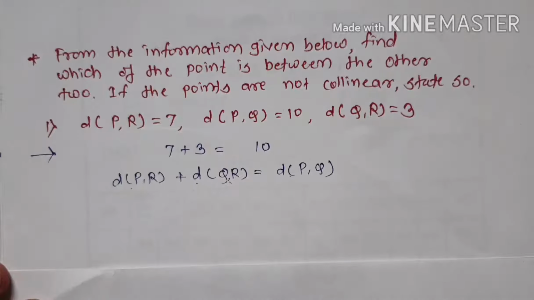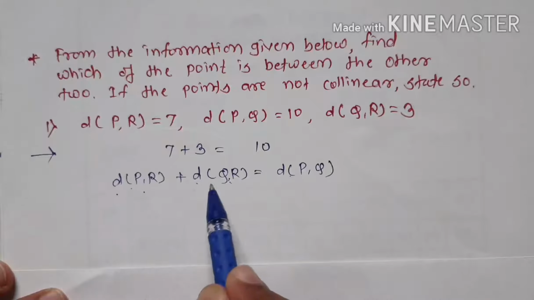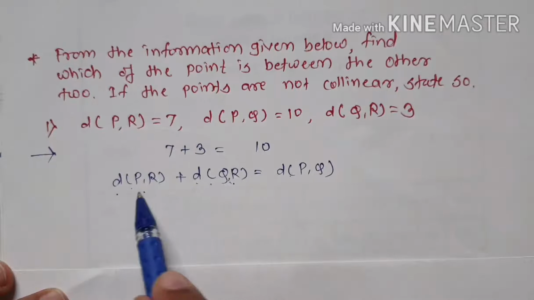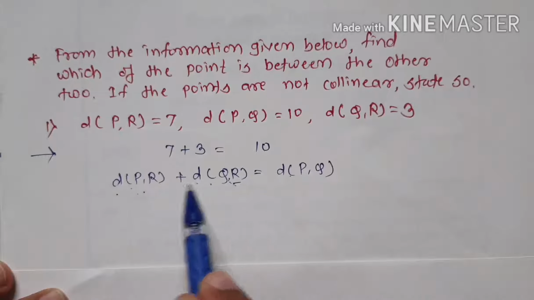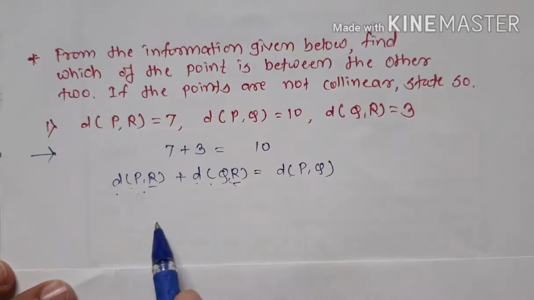Now we have to decide which point is between the other two. So if we consider distance PR and distance QR, the common vertex in these distances is R. So from that we can conclude that P and Q are the endpoints.